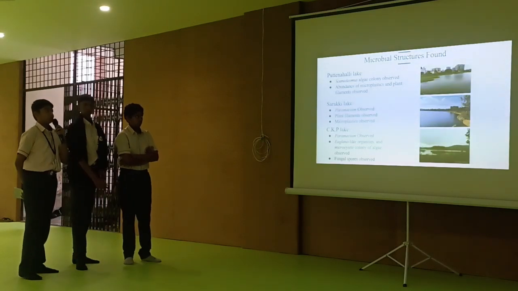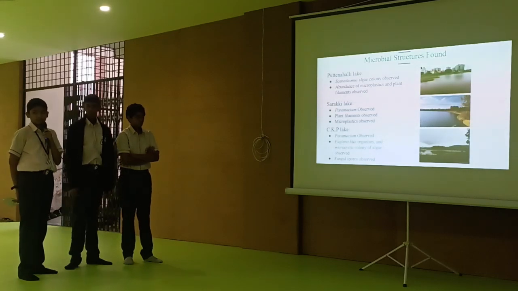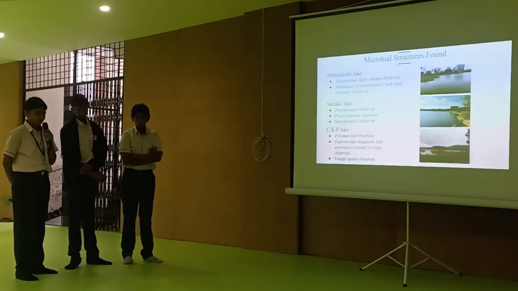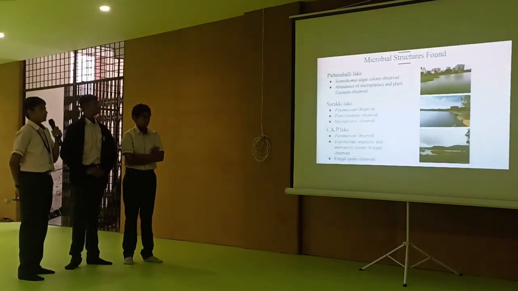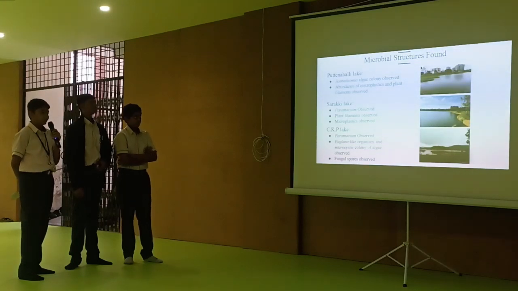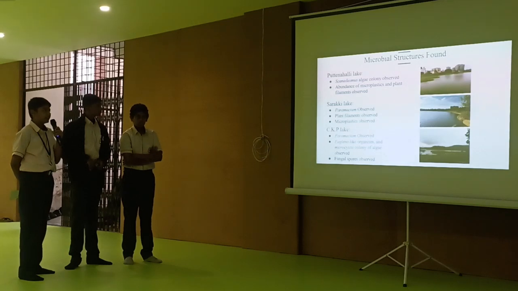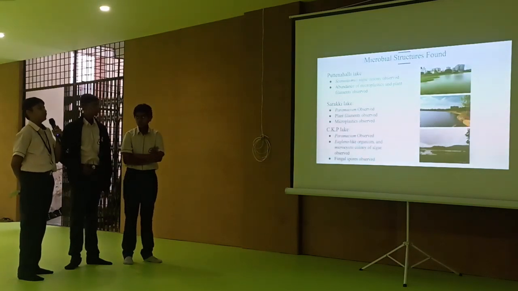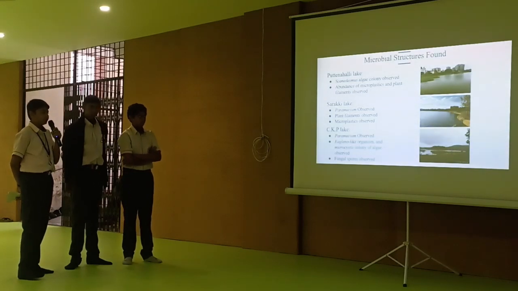So now we move on to the microbial structures found. So we did this testing as well in our lab. We found ceratized algae, and we also found an abundance of microplastics and plant filaments. In Saraki Lake, we observed paramecium.